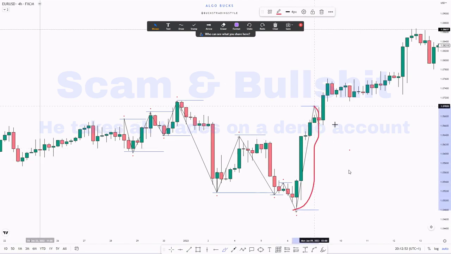Now, for us to get our next structure, we want to see price break out of the range. And what did price do? Price came back up, broke out of the range, and then started retracing to this point. Now, when price broke out of the range, this was the low that broke the previous high, and then we had this high because price started retracing.